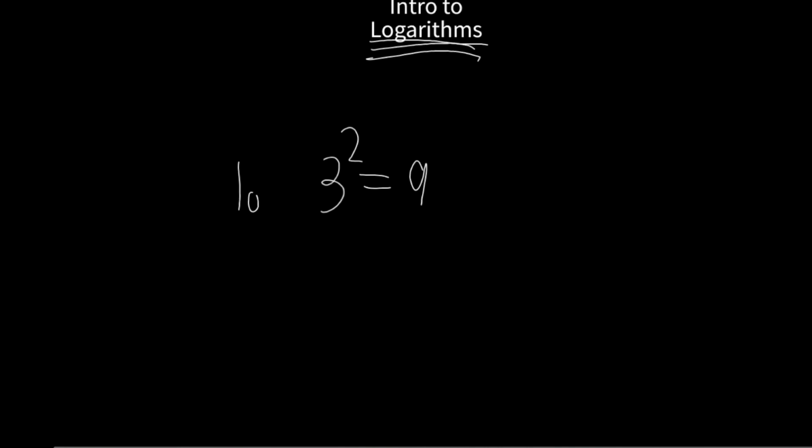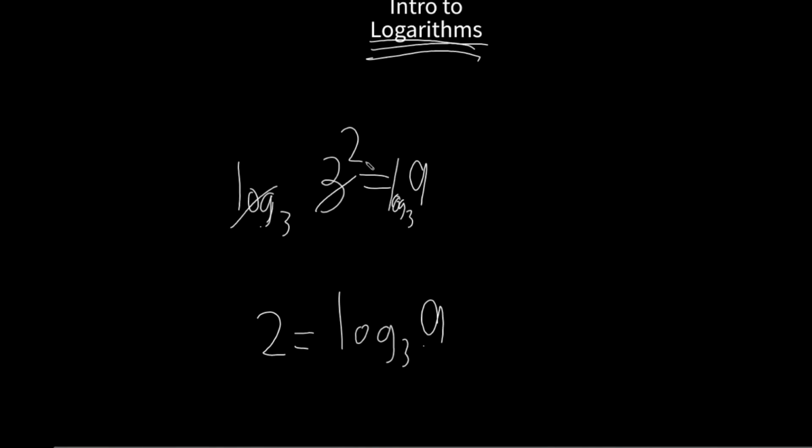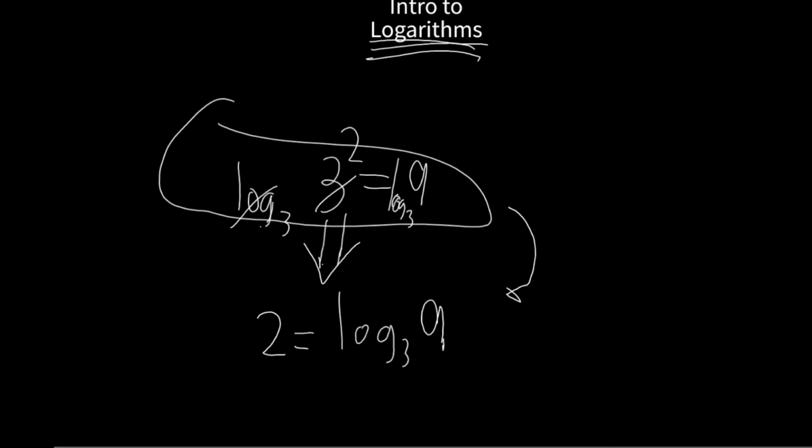Now, if we take the logarithm base 3 on both sides, the log base 3 and 3 cancel, and we get that 2 is equal to log base 3 of 9. And these expressions are equivalent because we just did simple algebra to bring this equation to this equation. So we just wrote an exponential in terms of a logarithm.